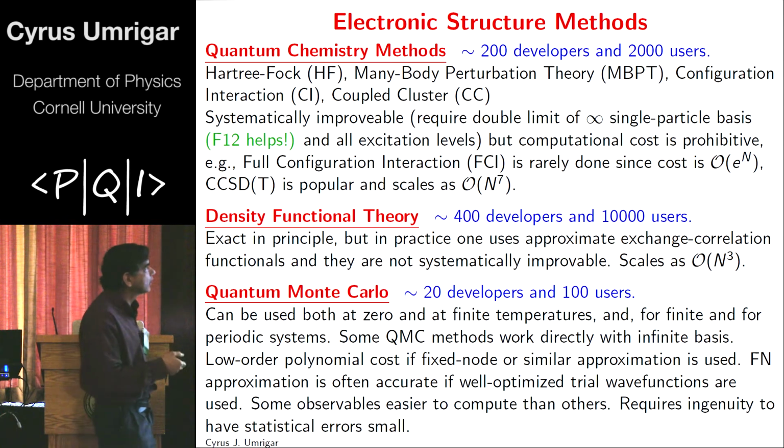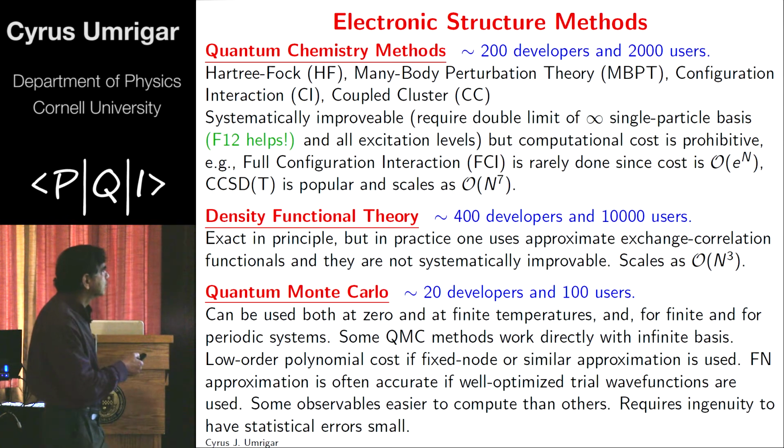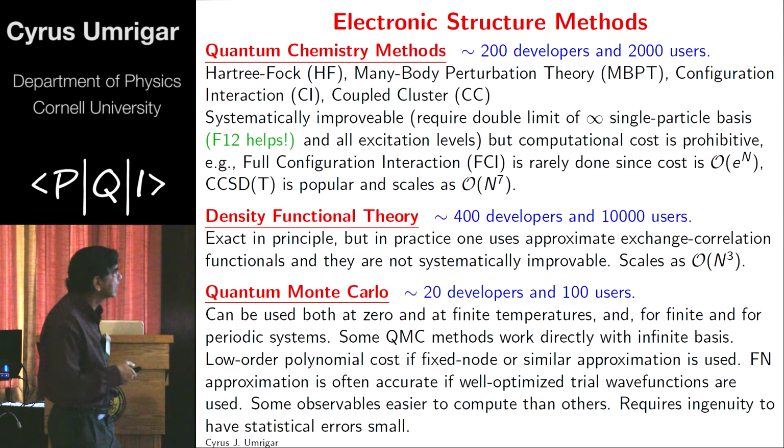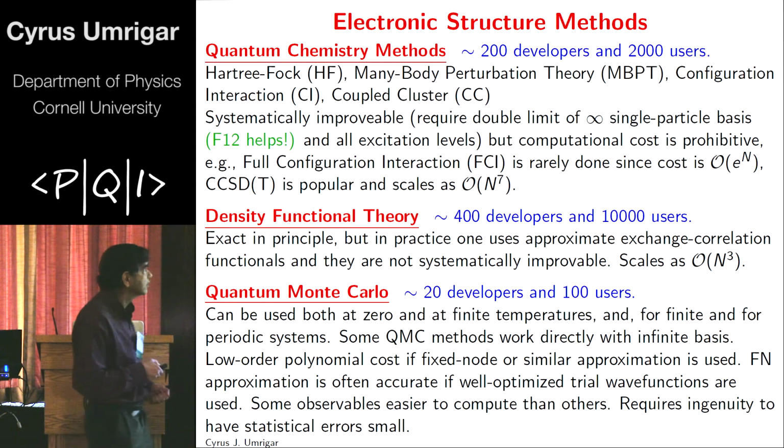So the most popular quantum chemistry method is what's called the coupled cluster singles doubles with perturbative triples method. And that scales not exponentially, but as a fairly high power, order N^7 of the number of electrons. Even with this high scaling, this is a method that works very well for systems that are not strongly correlated, but for strongly correlated systems, even this method fails.